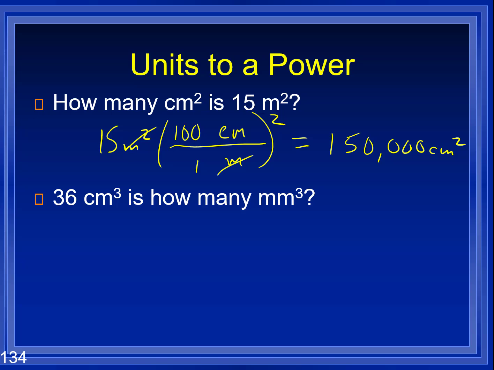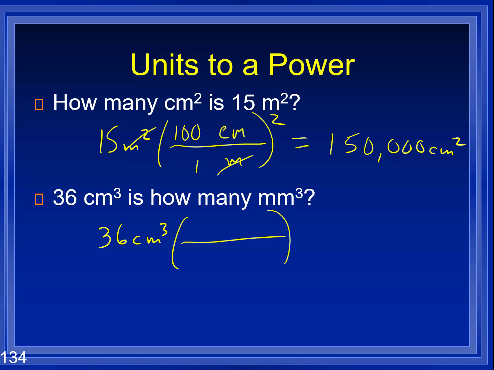Adding huge things to what we did yesterday? Well, just one more step. Let's try that next one. 36 centimeters cubed is how many millimeters cubed? Well, what unit do I want to get rid of? Centimeters.